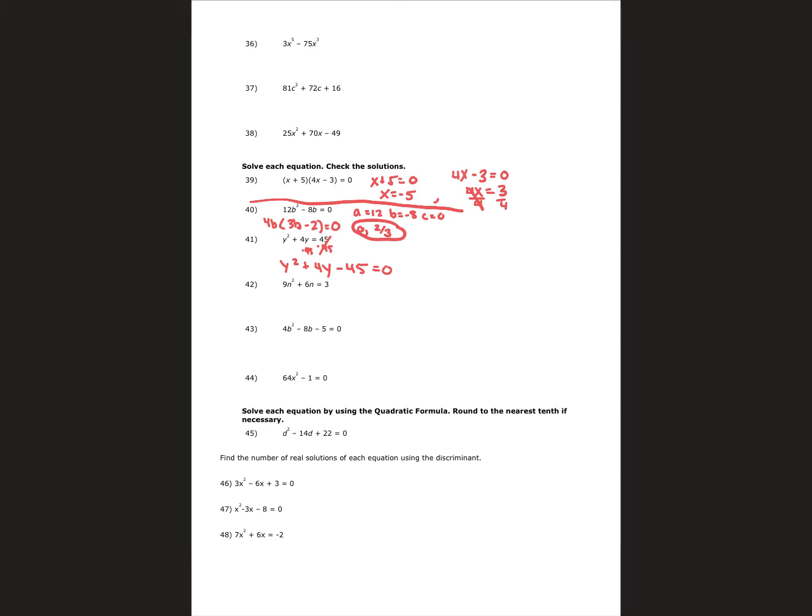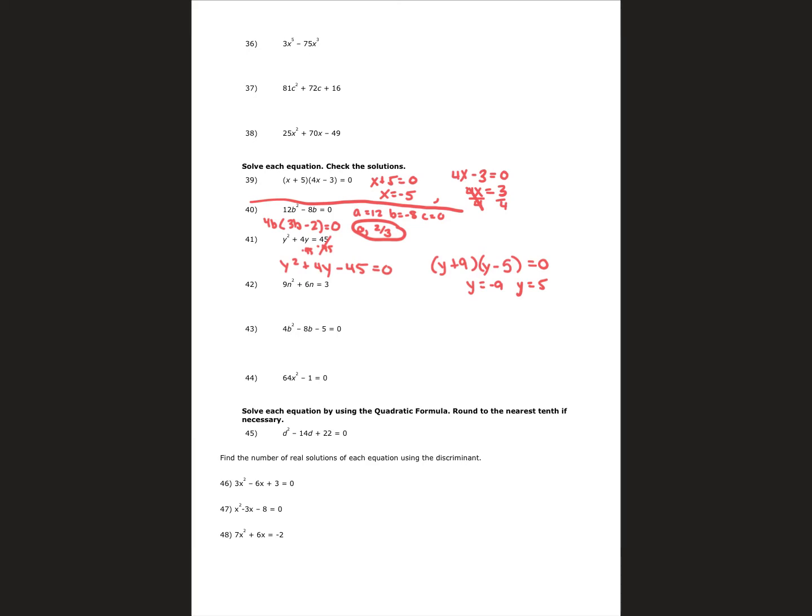If you factor, then you would do two things that multiply to negative 45 that add to 4, which is 9 and negative 5. Set each of those equal to 0. So y is negative 9 and y is 5.